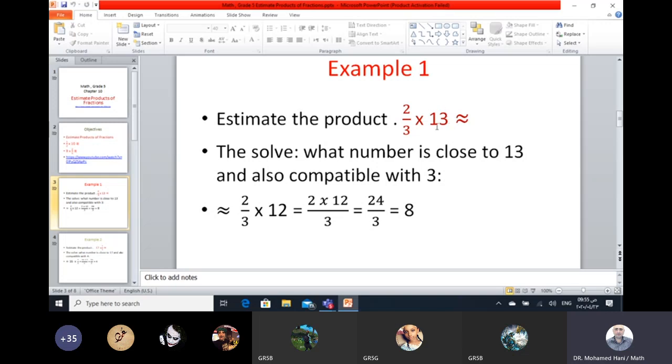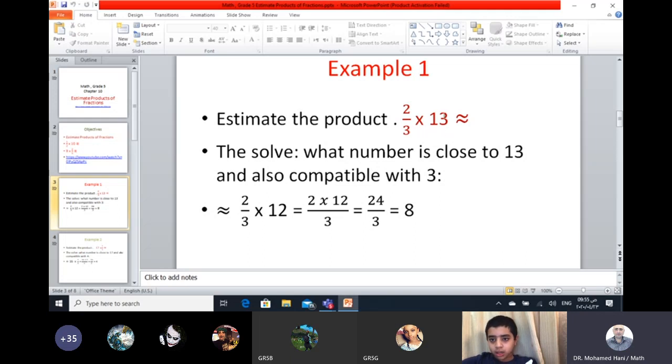Go to the whole number and try to change the whole number to a number that can be divided by 3. The name of this number is compatible. So the first step, what number is close to 13 and also compatible with 3?